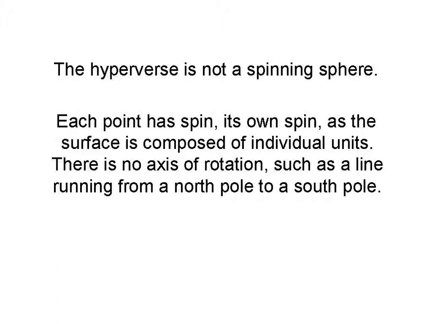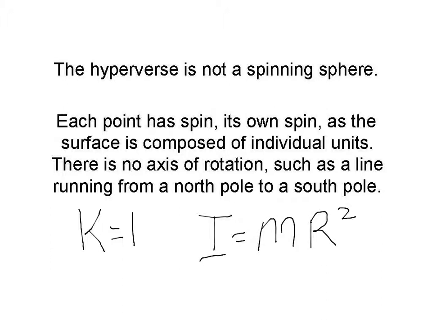There is no axis of rotation, such as a line running from a north pole to a south pole. And since all of the mass is at an equal distance from the center, we can make the claim that the constant is equal to 1, and that the moment of inertia is therefore simply the mass times the radius squared.